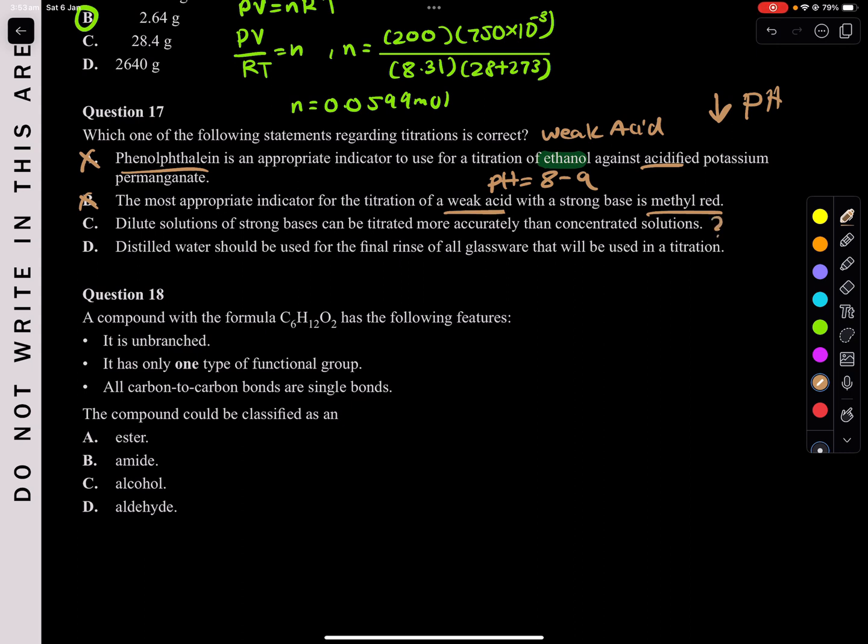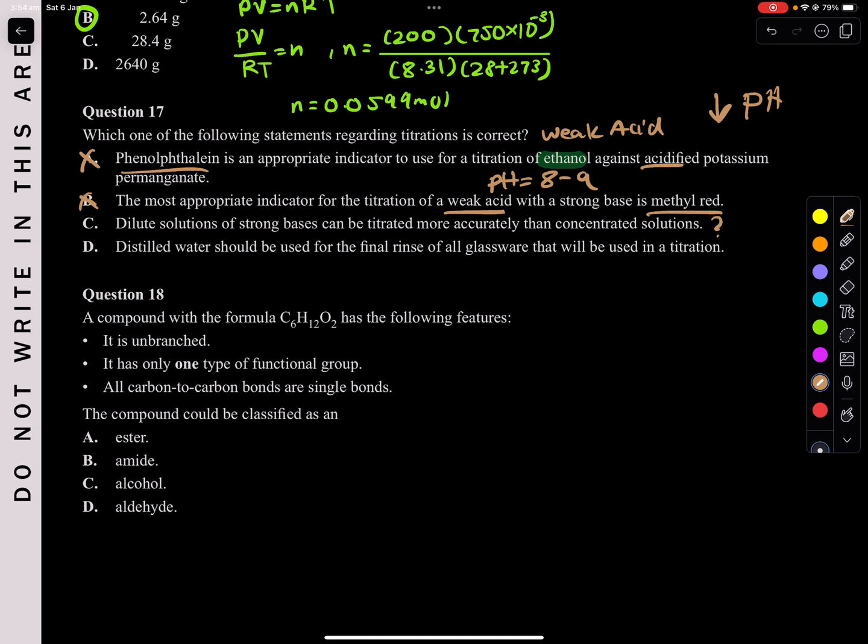Next, what about D? Distilled water should be used for the final rinse of all glassware that will be used. That's rubbish. You never use water to clean all the glassware. Remember, the burette has to be rinsed with the standardized solution. Why don't we rinse the glassware with distilled water? That's going to decrease, and it's going to really affect our concentration.